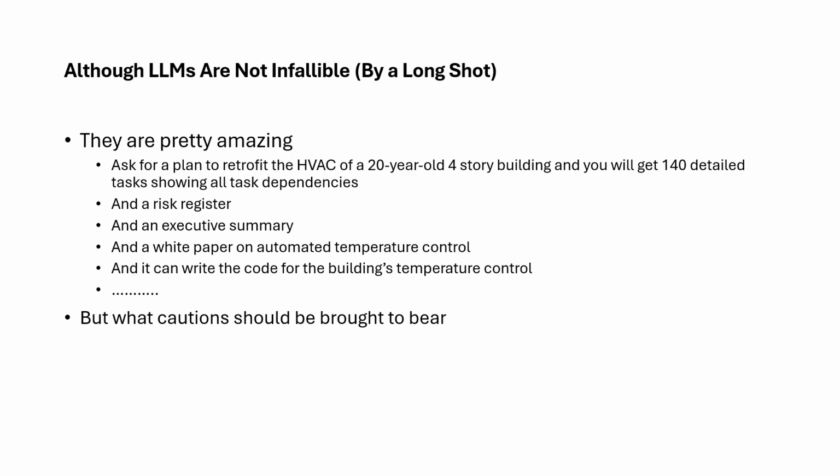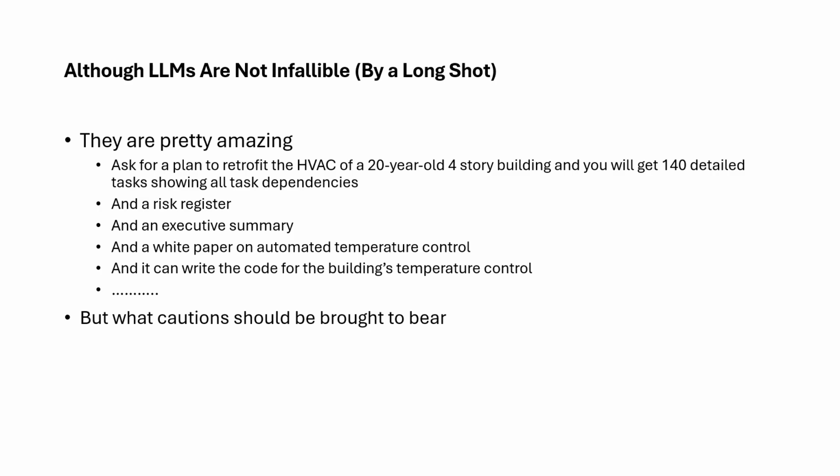If you ask for a plan to retrofit the HVAC of a 20-year-old four-story building, with a couple other words in the prompt, you will get 140 detailed texts printed out showing all the task dependencies, and a risk register, and an executive summary, and a white paper on automated temperature control, and it can write the code for the building's temperature control.